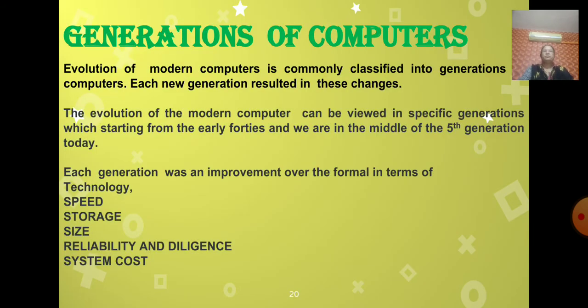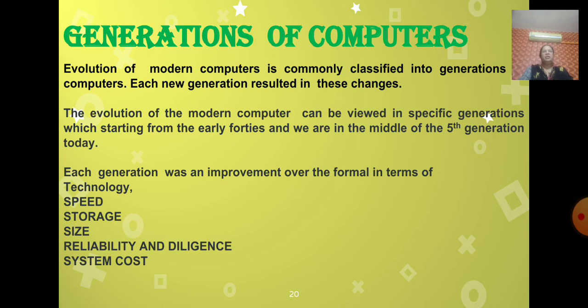Now here, the evolution of modern computers is commonly classified into generations of computers. Each new generation resulted in changes. Let us see the changes now. The evolution of the modern computer can be viewed in specific generations. We start from the early 40s and we are in the middle of the 5th generation today.